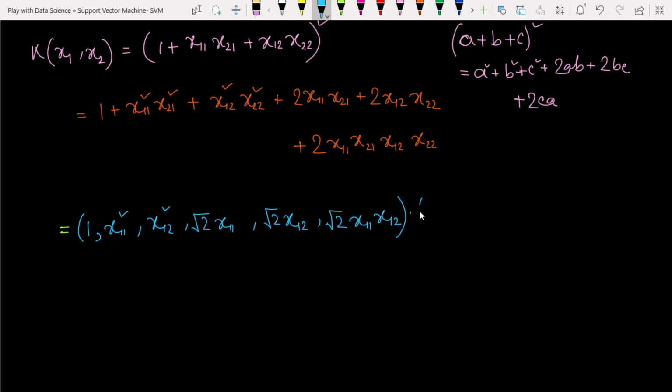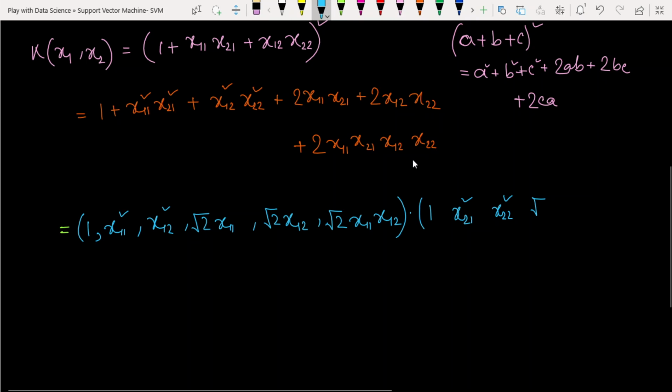Okay, in simple dot product of this one, 1 plus x21 whole square, x22 whole square, it will be root over, sorry, I have again written a plus sign, sorry for that.